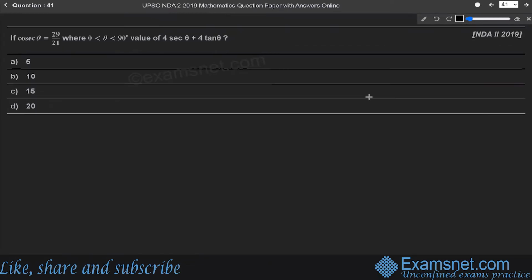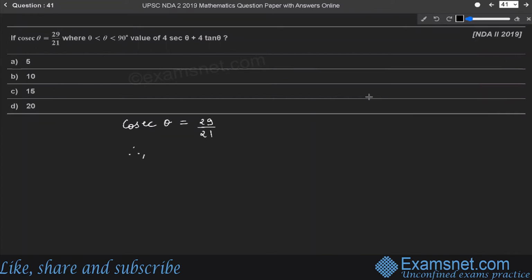The question is, if cosec theta is equal to 29 upon 21, where theta lies between 0 and 90 degrees, the value of 4 sec theta plus 4 tan theta is. So it is given that cosec theta is equal to 29 upon 21.